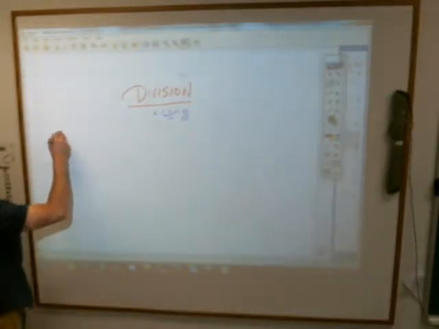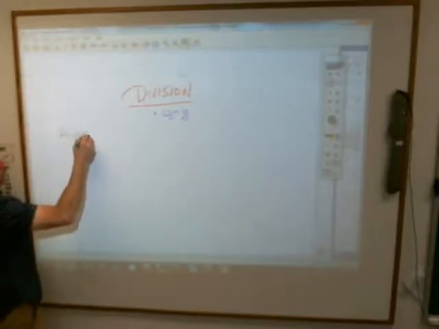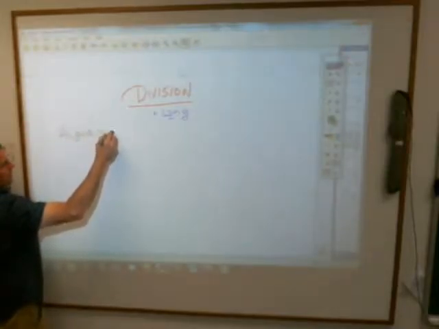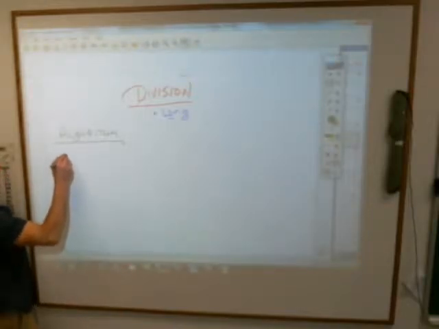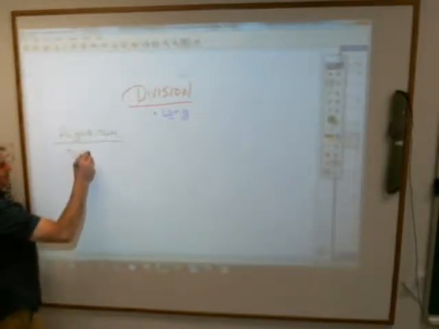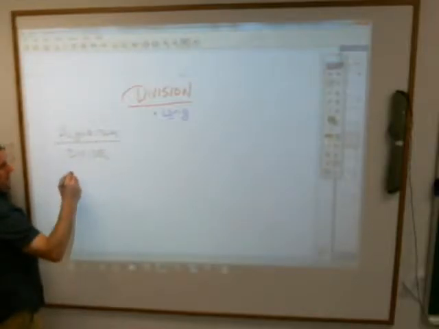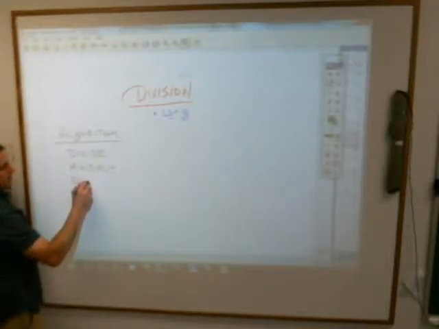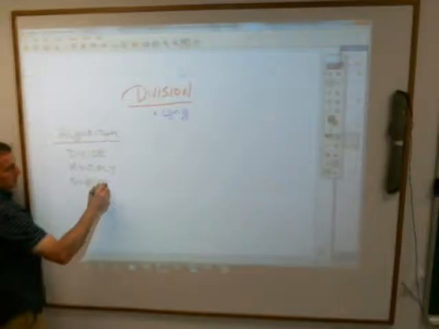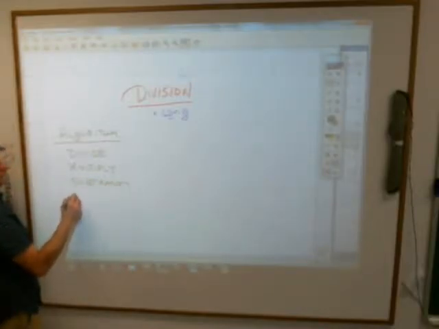If you look back in your notes, you remember the algorithm was the way that you do division, and I'm just going to write it down for you. Here are the steps that you follow and keep repeating when you do division. You first divide, then you multiply, then you subtract, and then you bring down.